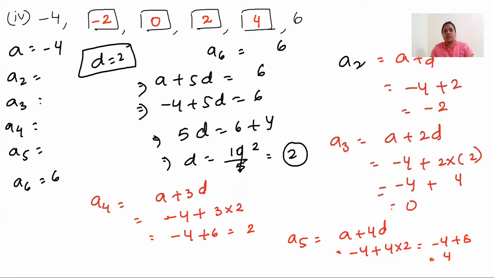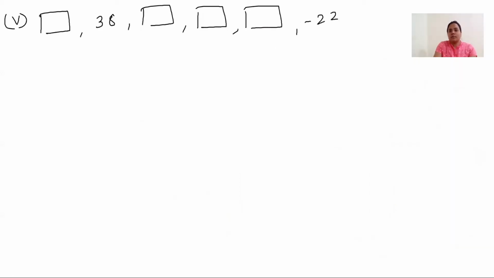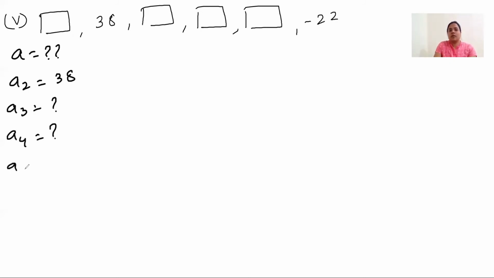Next, the fifth question. In this one, again, A is not given. A2 is 38. A3 is not given, A4 is not given, A5 is not given, and A6 is minus 22. Fine. So we have no A, no D. We will be needing two terms.